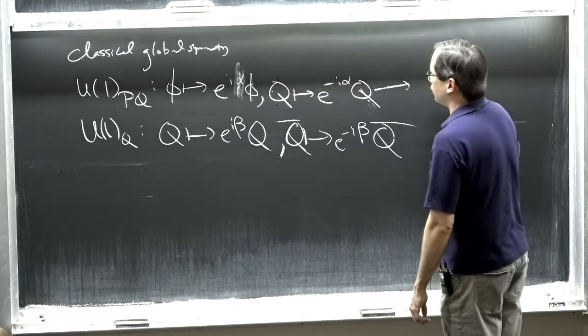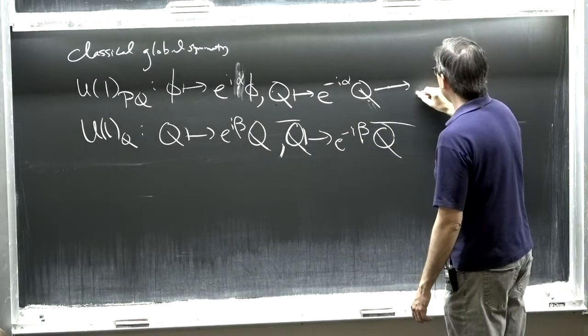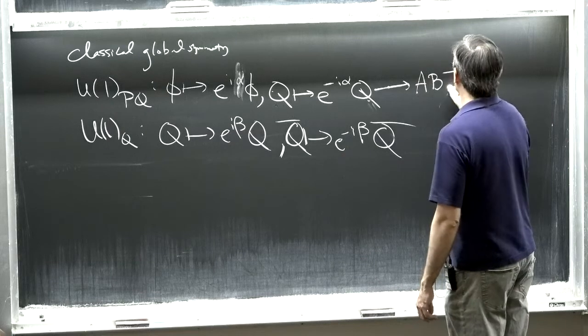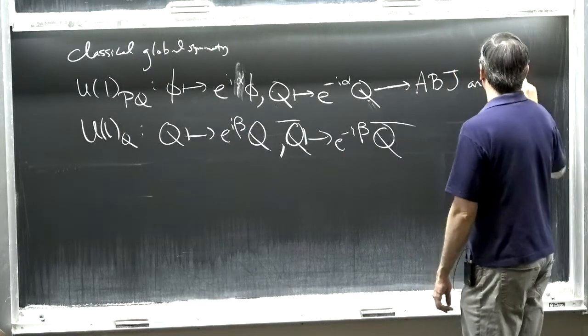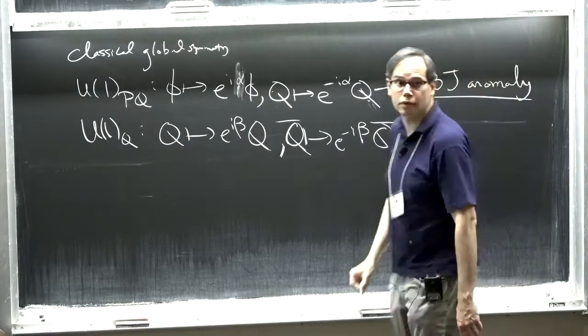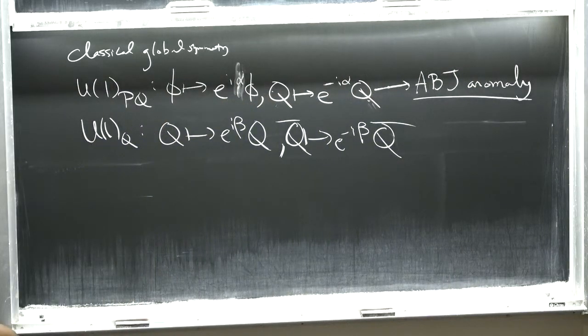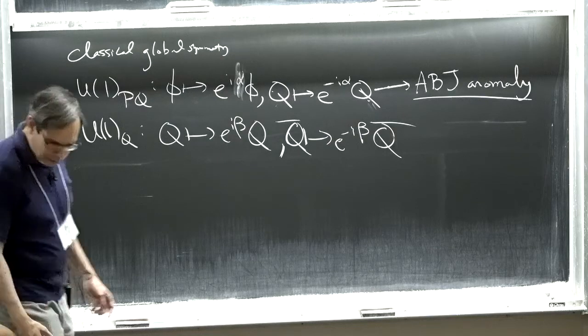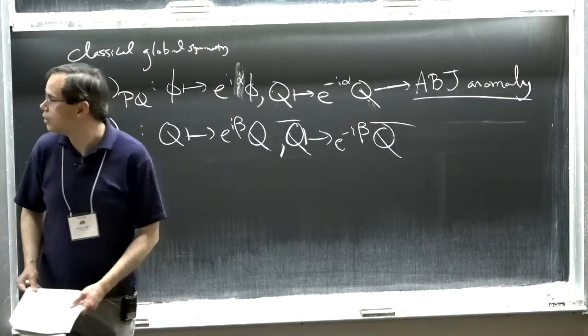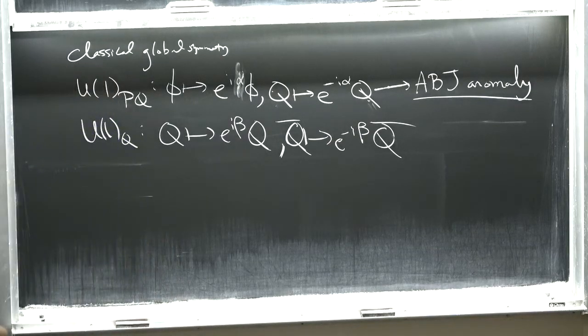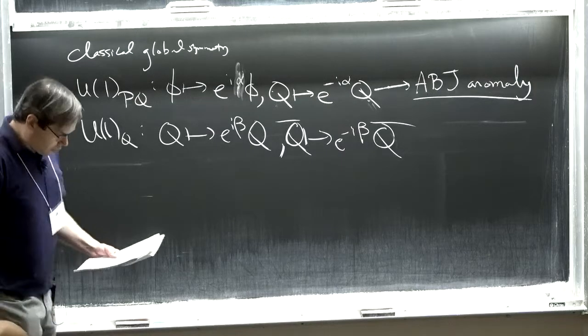And this first one has an ABJ anomaly. It's a chiral symmetry. It rotates one of our fermions and not the other fermion. And so it has the anomaly we talked about last time.